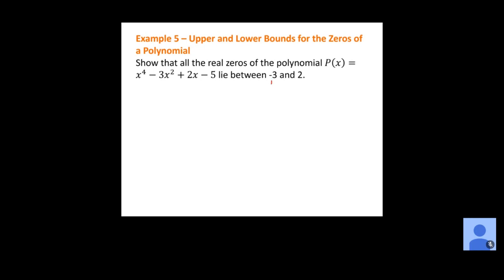So we want -3 to be a lower bound, and we want 2 to be an upper bound. If we can show that, then we know that all of our zeros have to be between -3 and +2.